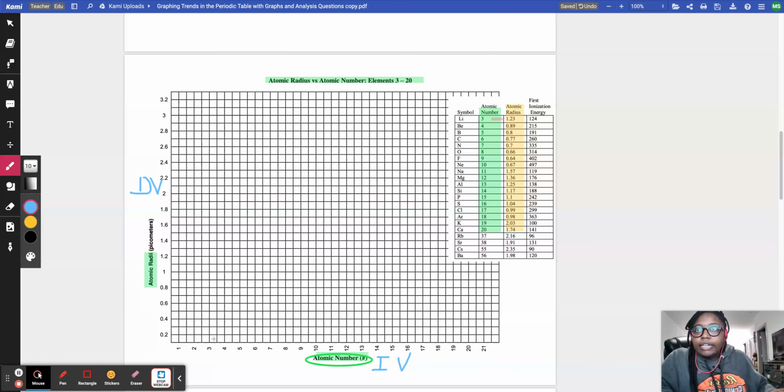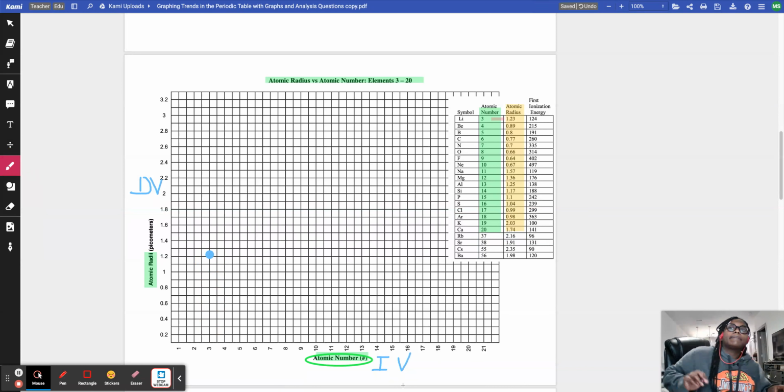I'm going to trace this line up until I find the atomic radius of 1.23. I hope you can see this. Let's go back and use this. You're going to go all the way up until we hit 1.23, which is about right there. So we're going to put a dot.